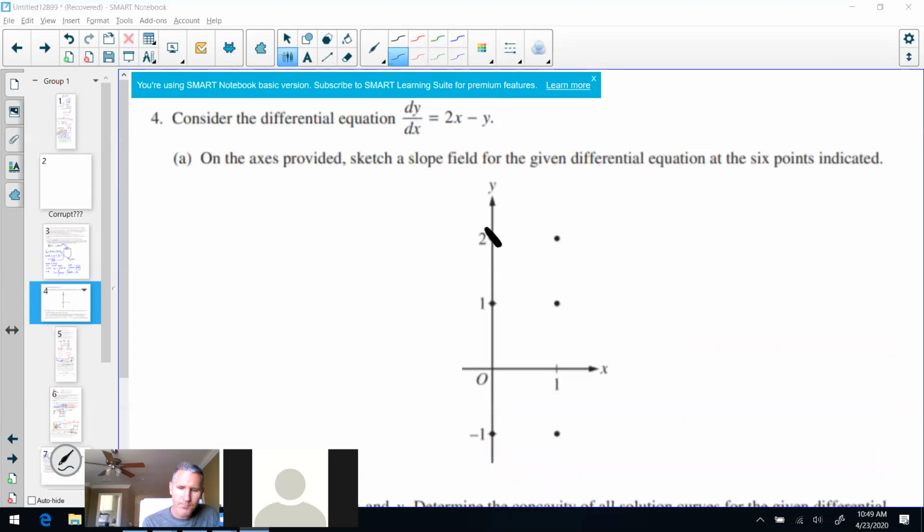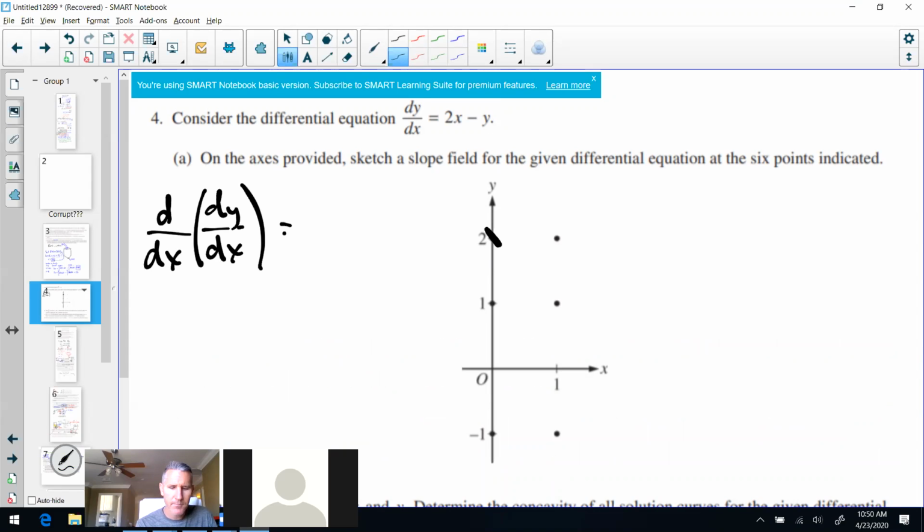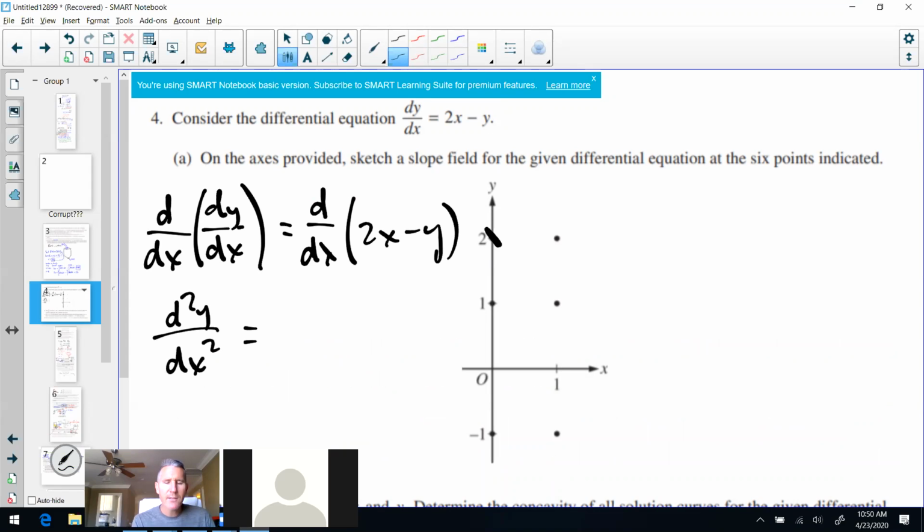So we are going to differentiate with respect to x on both sides of the equation. When we do that, we're left with the second derivative of y with respect to x is equal to, the derivative of 2x with respect to x is just 2 minus, and then the derivative of y with respect to x is 1 dy dx, or just dy dx.